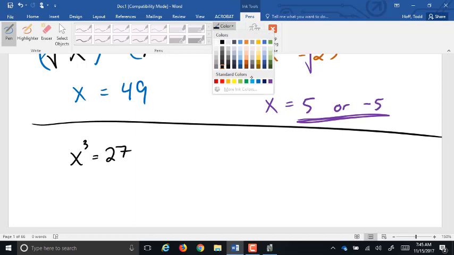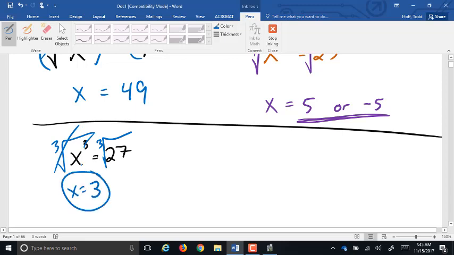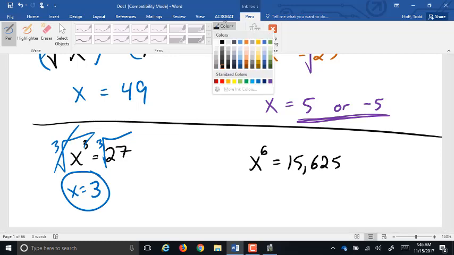How about this? Yep. X to the third power equals 27. Third root cancels that out. What's the third root of 27? 3. Very good. 3 to the third power equals 27. How about that one?